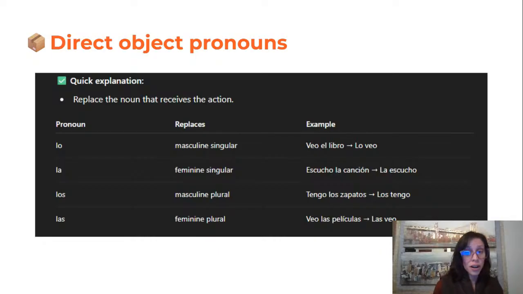I see her. "Yo la veo." And so that will be with "los" and "las." They can also be "them" referring to people, the men, the women, the children.